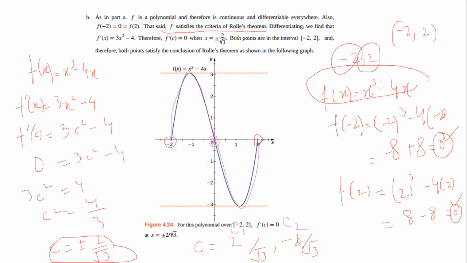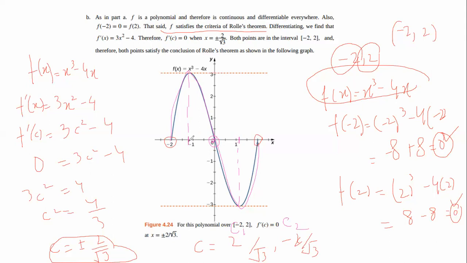Now, what is the value? So the value is x equals to plus minus 2 upon under root 3. So by plotting this value, basically this lies at approximately this one. Okay, so this is how we find.